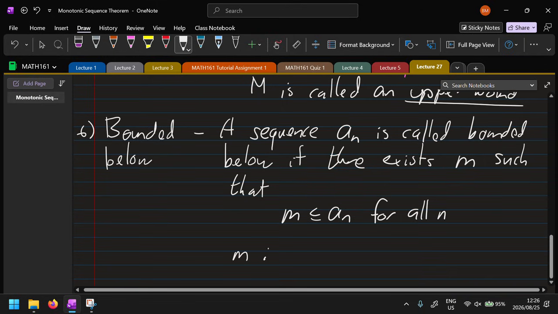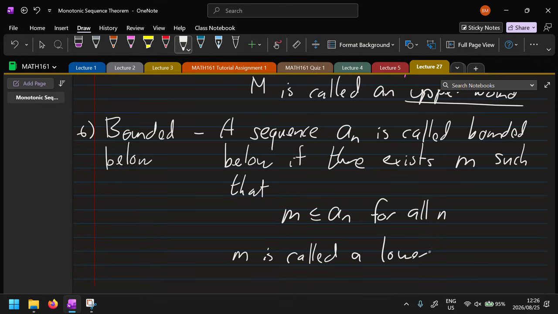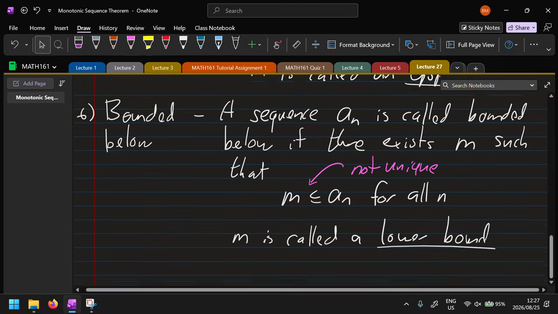And again, it's not unique. If you have a little m that satisfies this, anything smaller than little m also satisfies this, so anything smaller also counts as a lower bound.